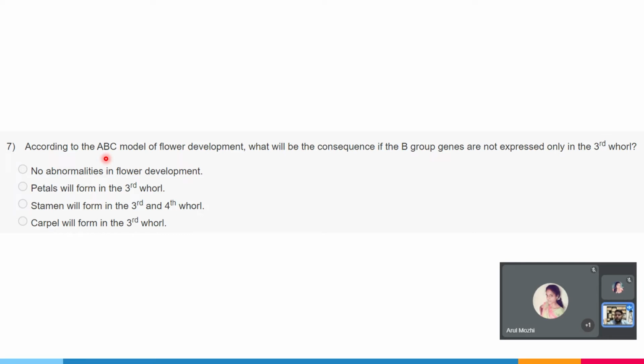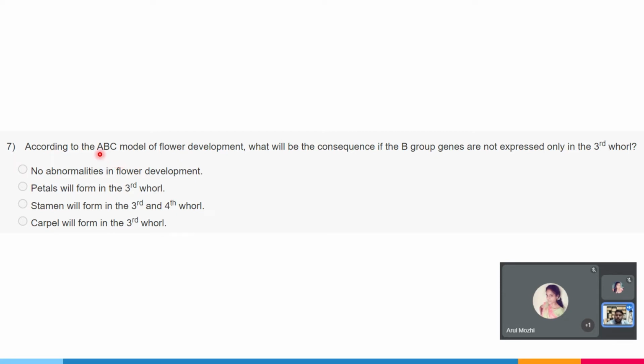What the ABC model tells us is that there are three categories of genes: A, B, and C. The expression of these genes sequentially and in combination at a particular point gives rise to one of these four structures, that is sepal, petal, stamen, and carpel. And this is what is described by the ABC model that we will see in the next slide.